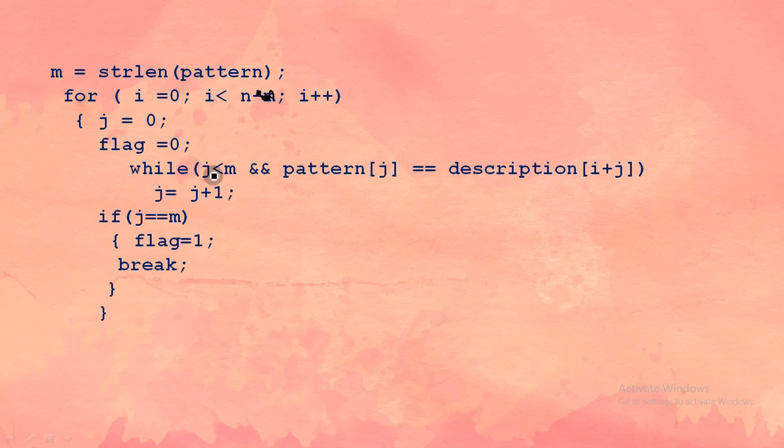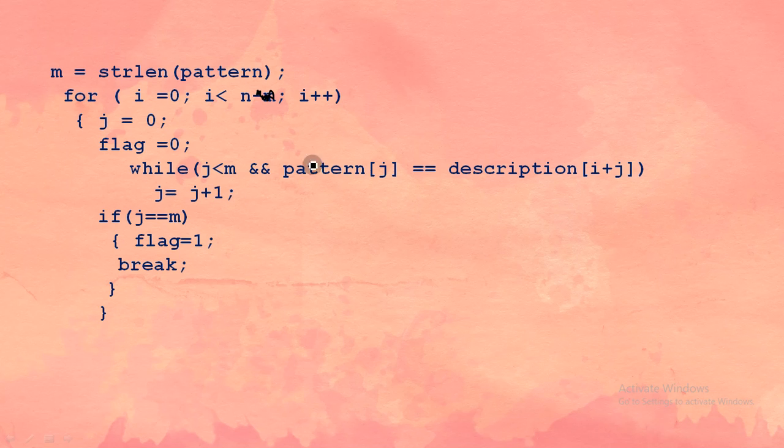So while j less than m and pattern of j, the aligned character of the pattern, matches the character of the description, that is the text, i plus j, then j equal to j plus 1, j can move.